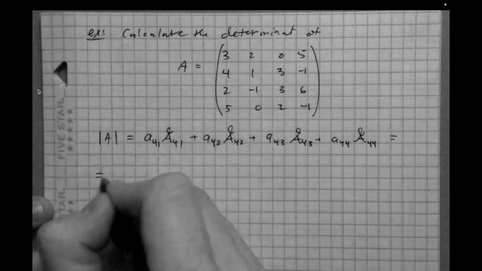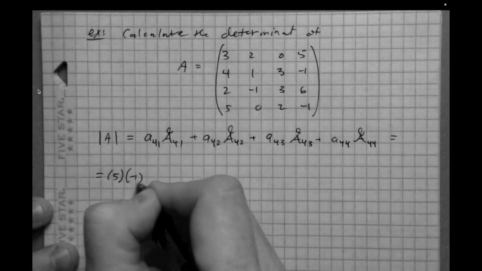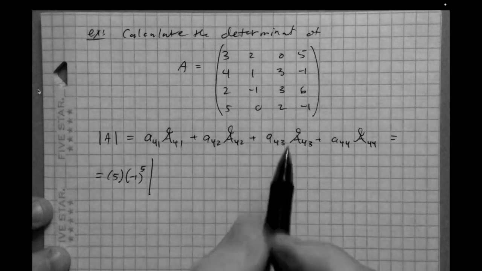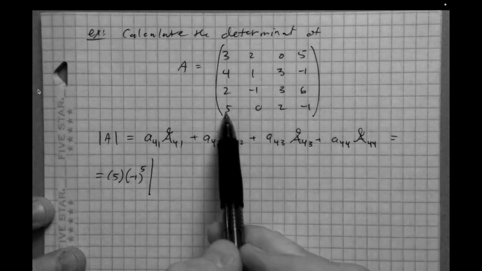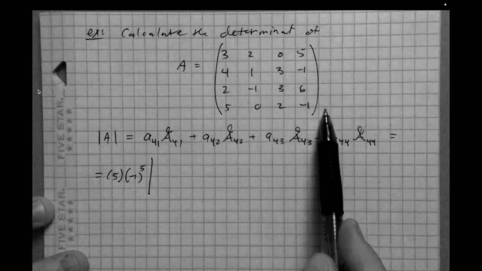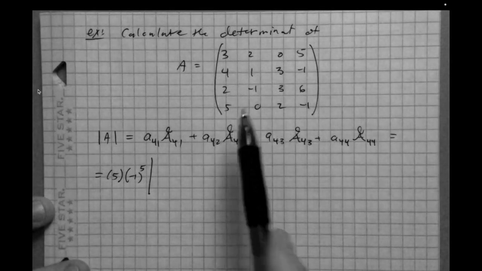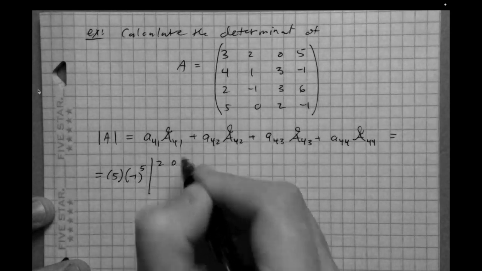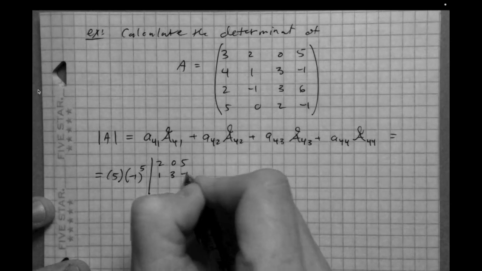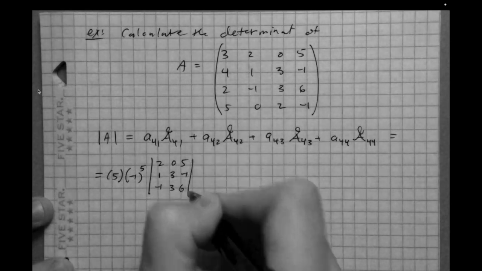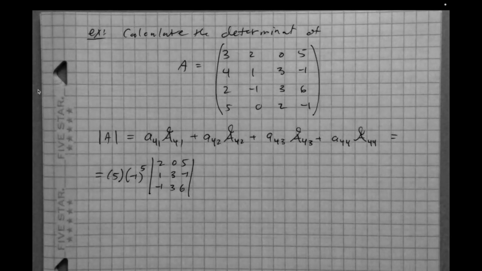A41 is the number 5, times negative 1 to the 4 plus 1 power, which is the 5th power, times the submatrix that you get by deleting the 4th row and 1st column. So you have to imagine this row gone and this column gone. And so it's basically this 3 by 3 up here: 2, 0, 5, 1, 3, negative 1, negative 1, 3, 6.